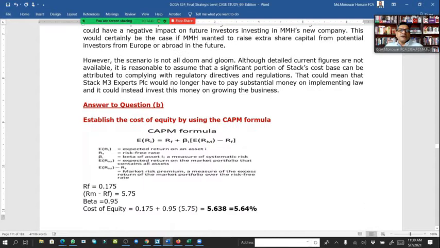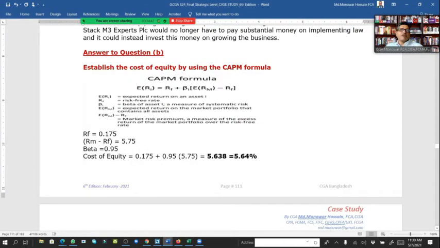Now, as per the requirement 2 or B, establish the cost of equity by using the CAPM formula. The CAPM, capital asset pricing model, we know, equals the risk-free rate of return plus beta multiplied by market return minus risk-free rate of return.